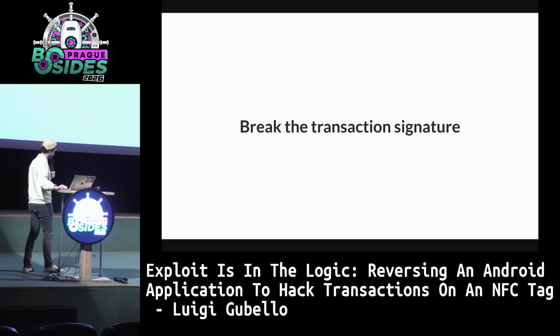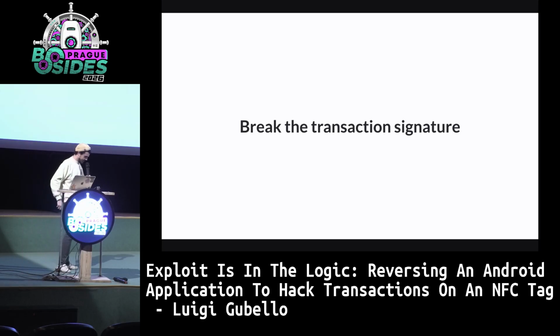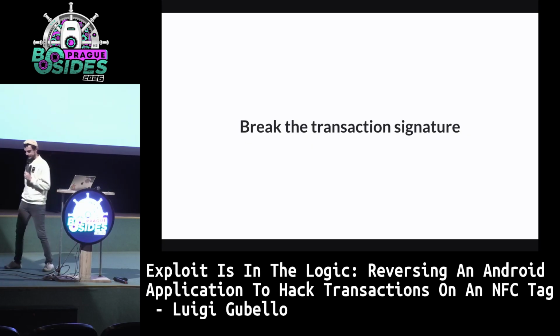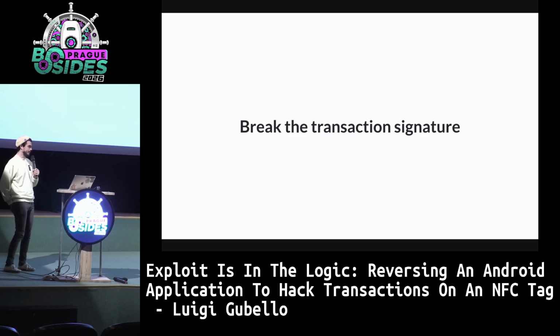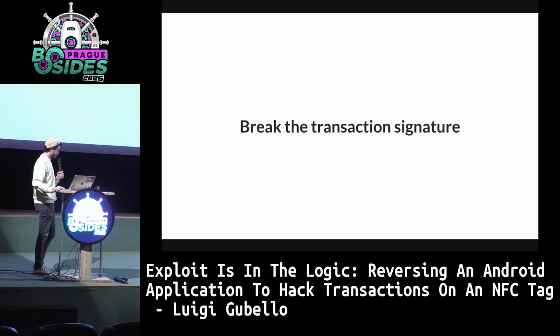Okay, now that we have understood what a Hermes bundle is and how we can decompile it, the next step is to decompile the bundle and start to investigate the code. The first attempt was, okay, let's try to break the transaction signature, because this is the best scenario.